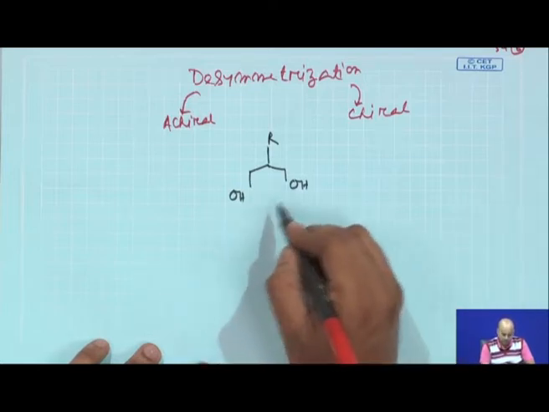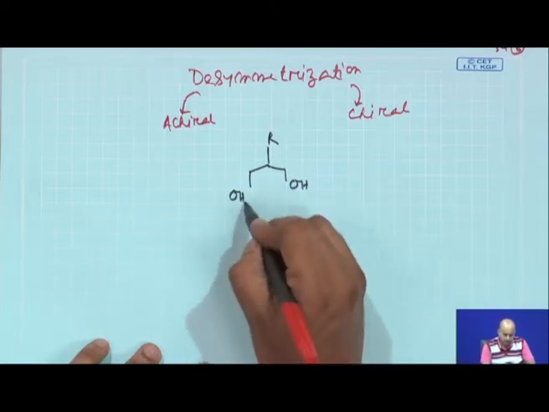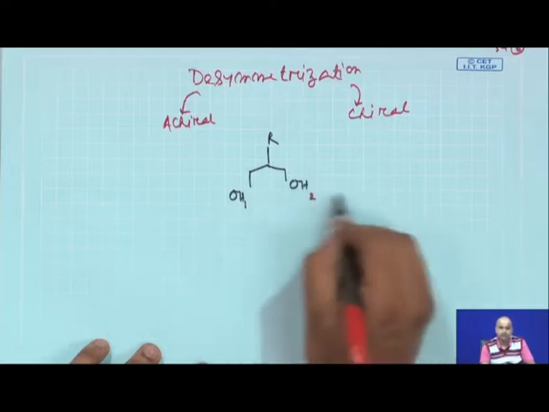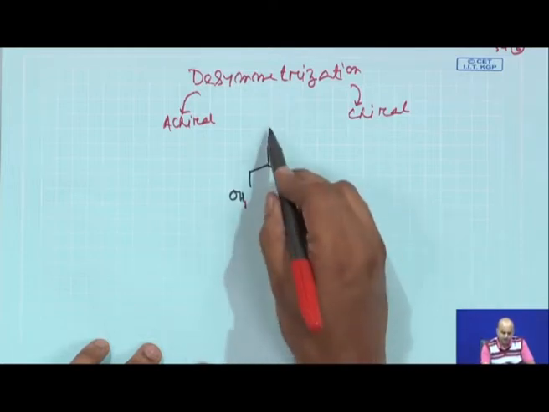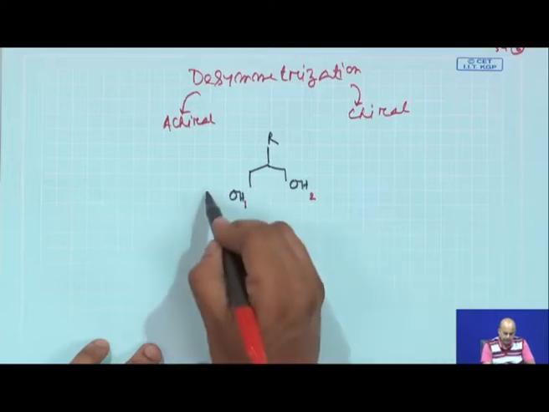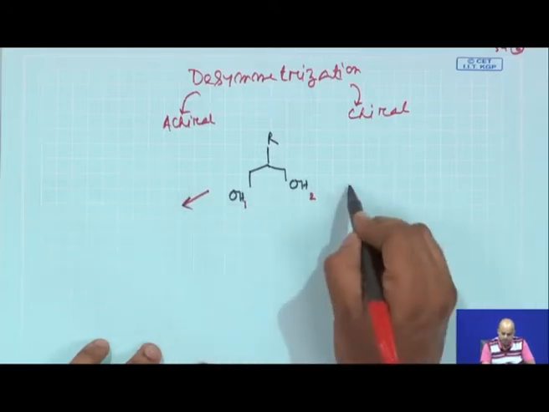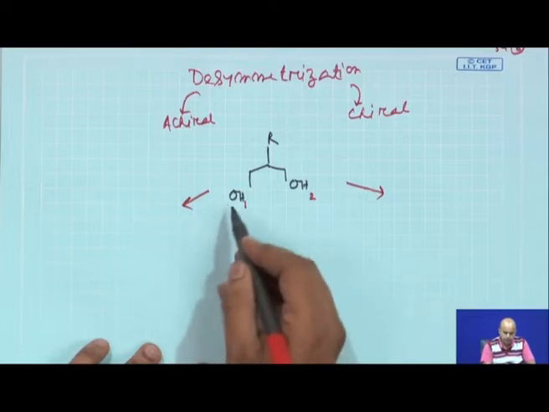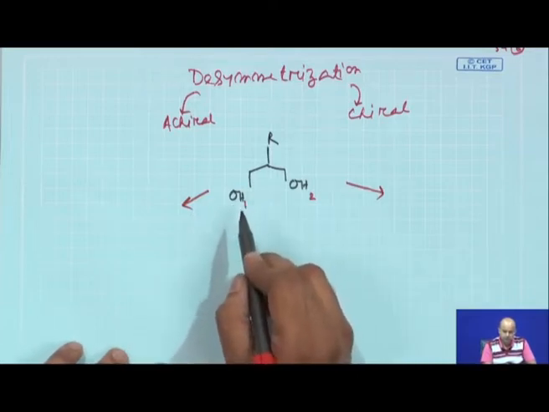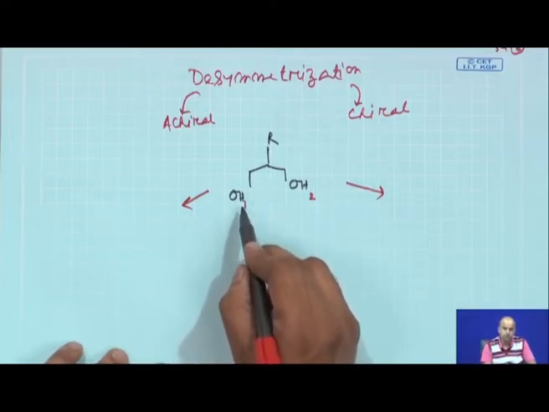You have OH1, OH2, these are enantiotopic, as we explained earlier. Now I am saying, try to first do some reaction on this OH1 in a chiral fashion.